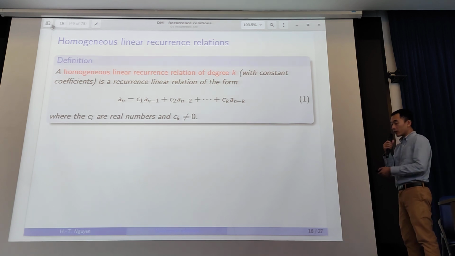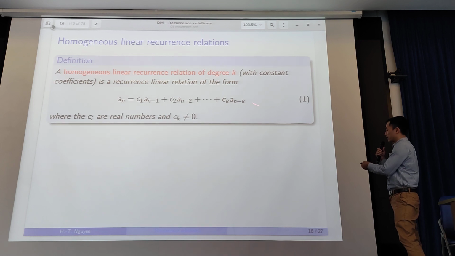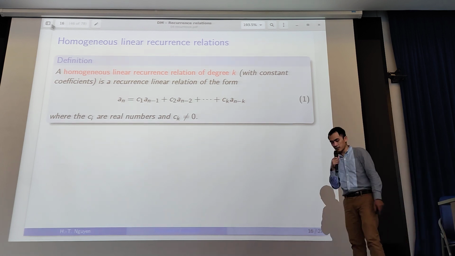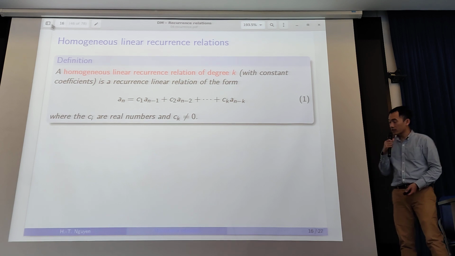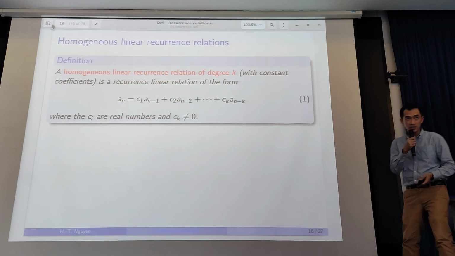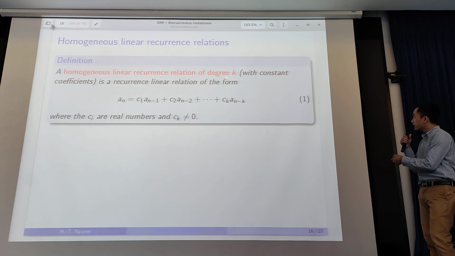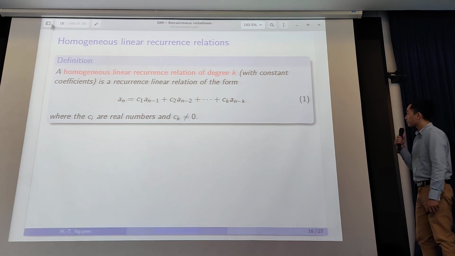Because if you allow the last coefficient to be 0, then you can add other terms, which doesn't improve anything. Okay? So here, if the last non-zero coefficient corresponds to the term n minus k, then we say that the recurrence relation is of degree k. Okay? So the degree of a recurrence relation is the number of terms we need to go back.